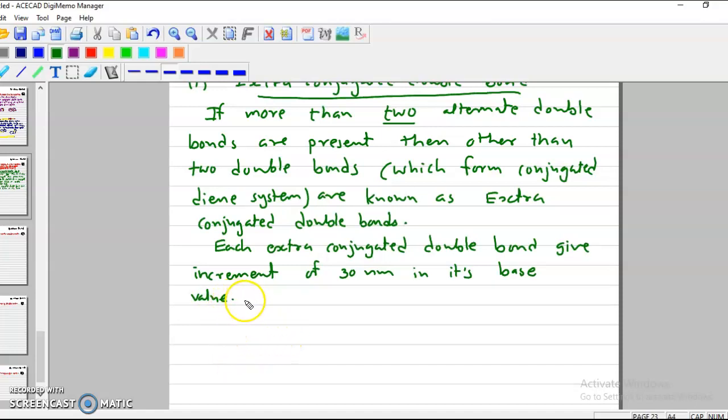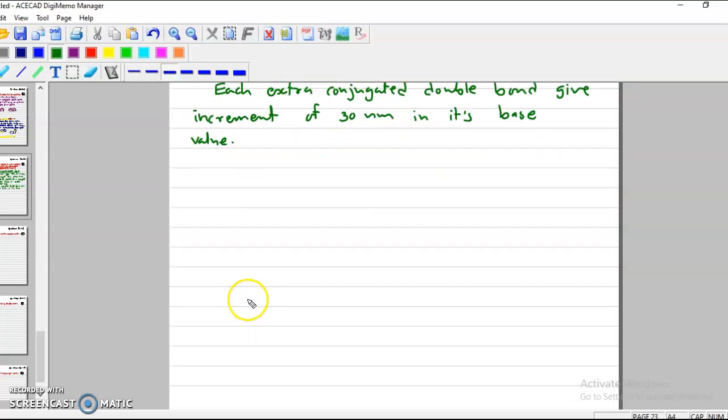For example, suppose this is an unknown compound given to you and there are more than 2 alternate double bonds. First of all, we have to decide the system.